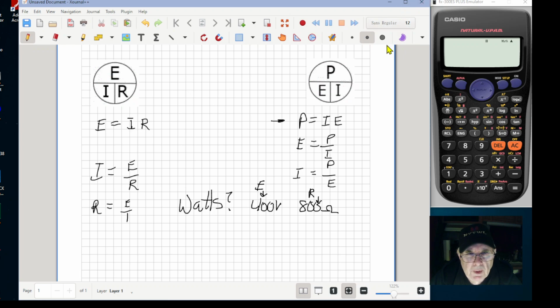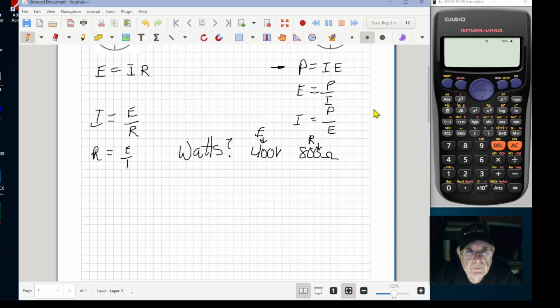But I don't know the current. Well, the current, I can substitute E over R for current, because remember what equations are. This says this side is identical to this side, just in a different form. Okay, so power is what I want. It's equal to the current, which I don't have.